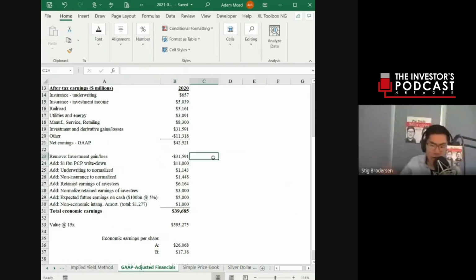Adam, just to quickly jump in here, I think that's important because a lot of people, whenever they are figuring out how Berkshire Hathaway is performing, go to the news, and the news reports the GAAP earnings, and as you said, they're all over the place. The stock market might have gone up 10% or down 10%, and all of that is reflected in the income statement.